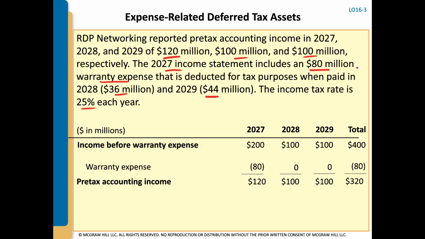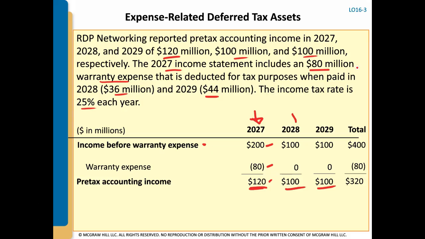Let's just look to see how they come up with the pre-tax accounting income in this problem. We're told for each of the years, starting with 2027, it's 120 million, 100 million, and then another 100 million. So I just backed into the income before warranty expense. For 2027, we started with income of 200 million, and then we had warranty expense of 80 million to get us to our pre-tax accounting income of 120 million.